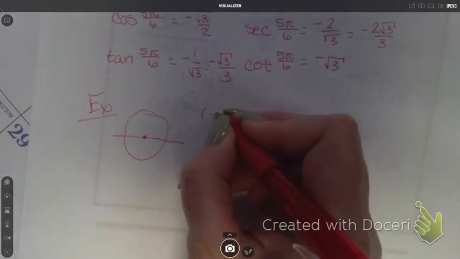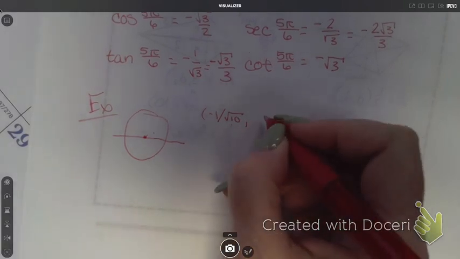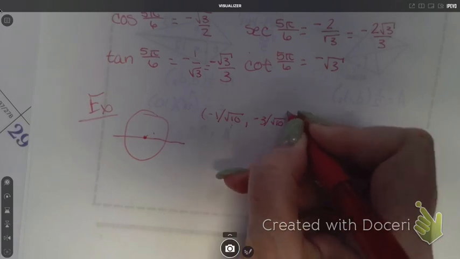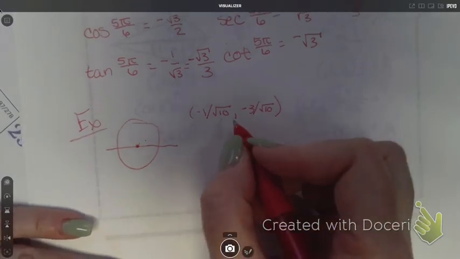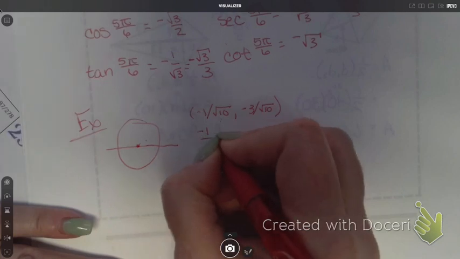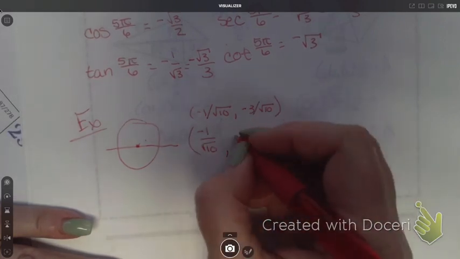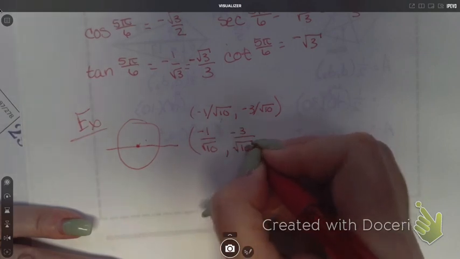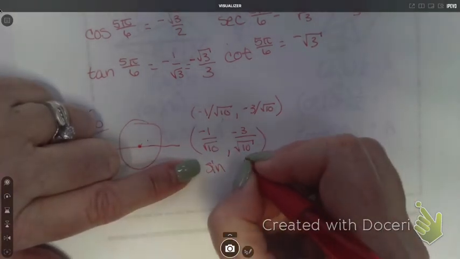They write it like this, and that is completely gross. How should I write this? Should I write it sideways? No, that is confusing. So it intersects the unit circle at -1 over the square root of 10, comma, -3 over the square root of 10. Remember, if this is a point, this is sine and this is what?